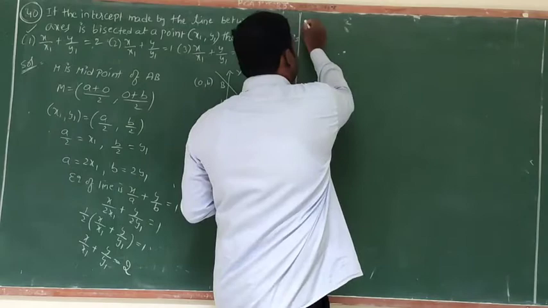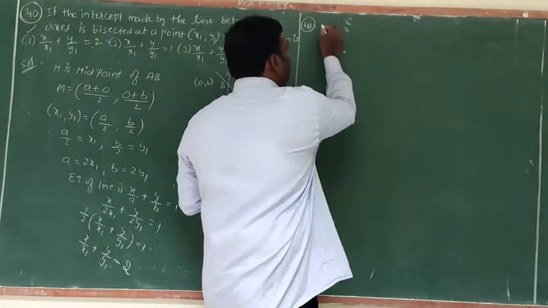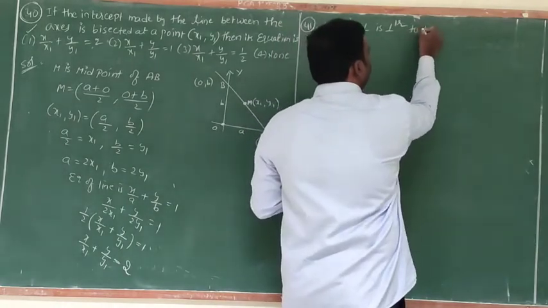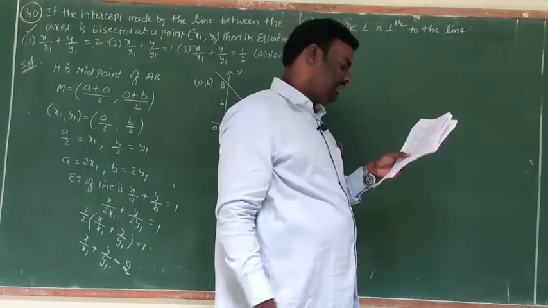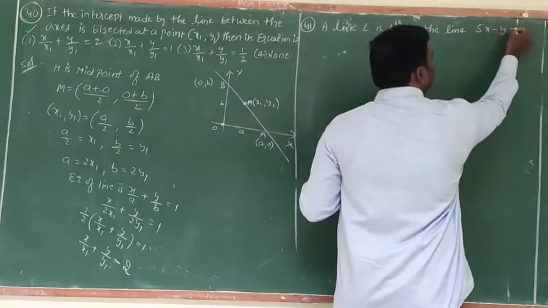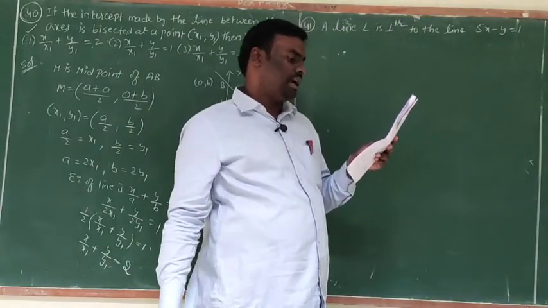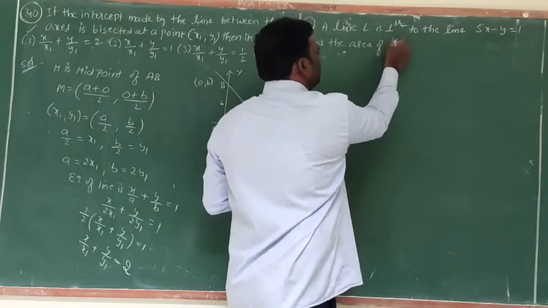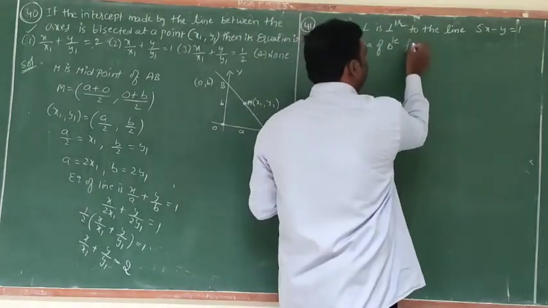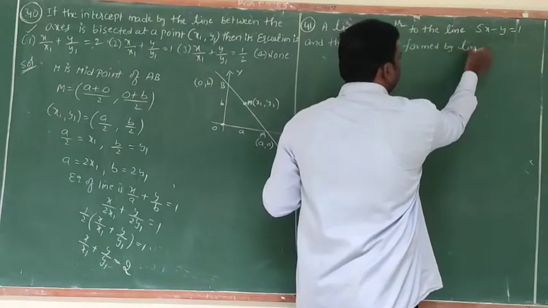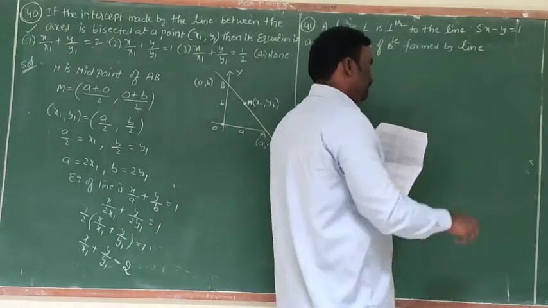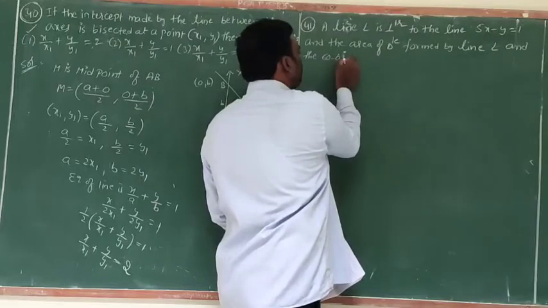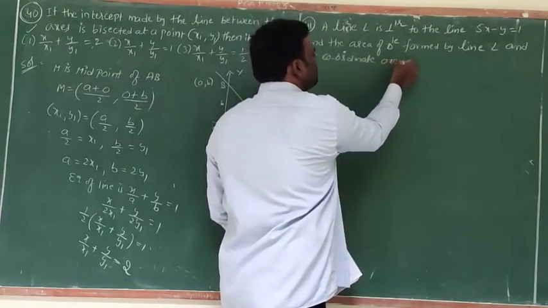Next, question number 41. A line L is perpendicular to the line 5x minus y equals 1, and the area of the triangle formed by the line L and the coordinate axis is 5.